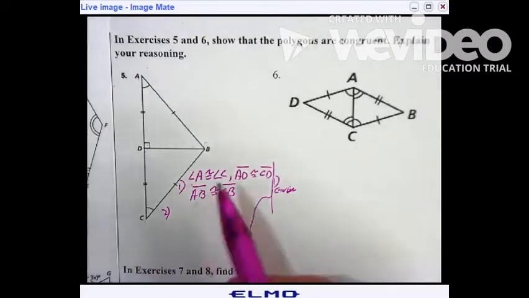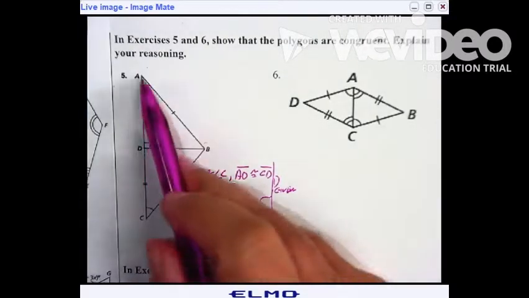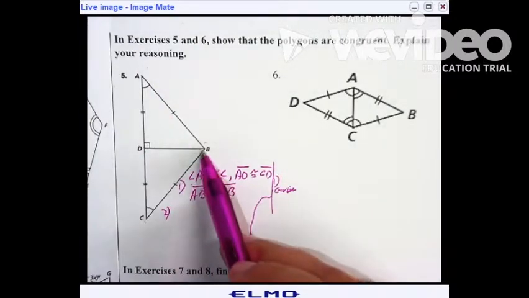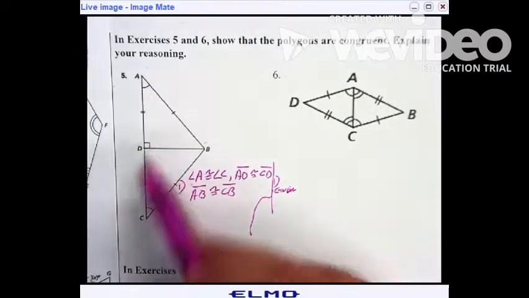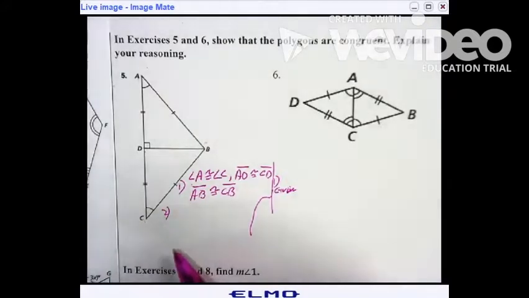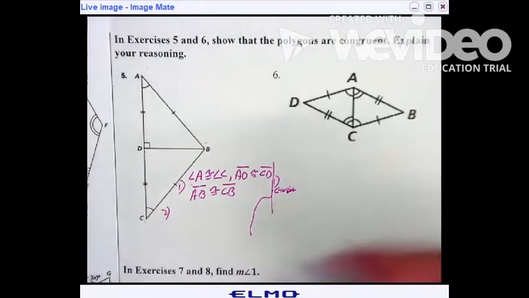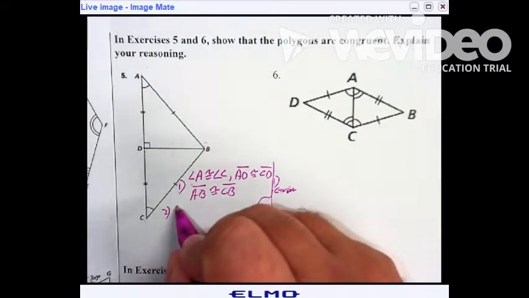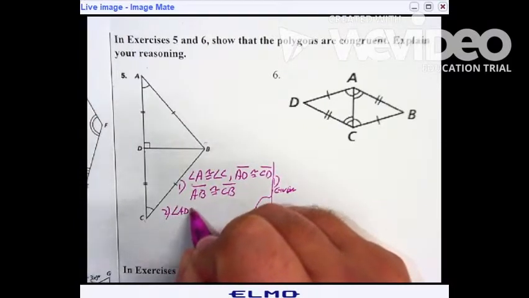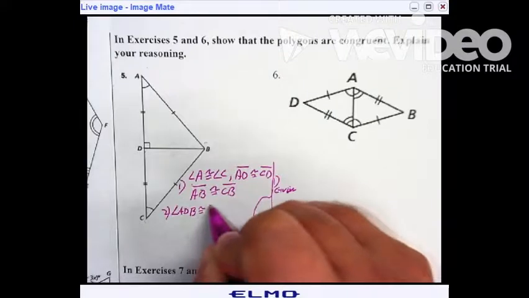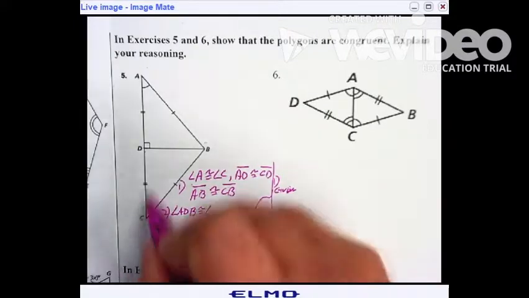I know, well, they're not marked congruent, but angle ADB and angle CDB, these are both right angles. So I know those are congruent because all right angles are congruent. That's the right angle congruence there. So I'm going to go ahead and mark those. Angle ADB is congruent to angle CDB.